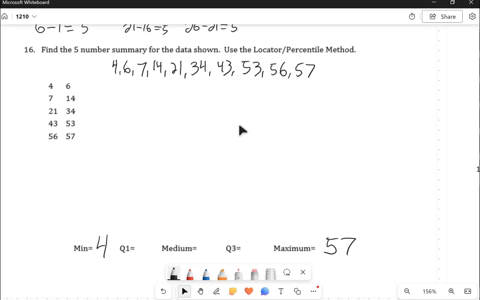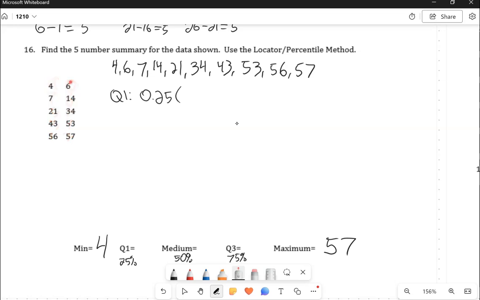So Q1 is the 25th percentile. The median is the 50th percentile. Q3 is the 75th percentile. So for Q1, we work out 0.25 times the total. 1, 2, 3, 4, 5, 6, 7, 8, 9, 10.